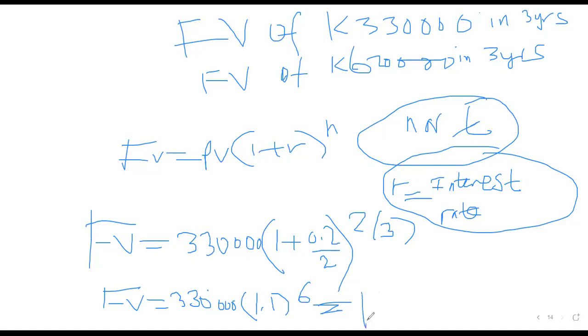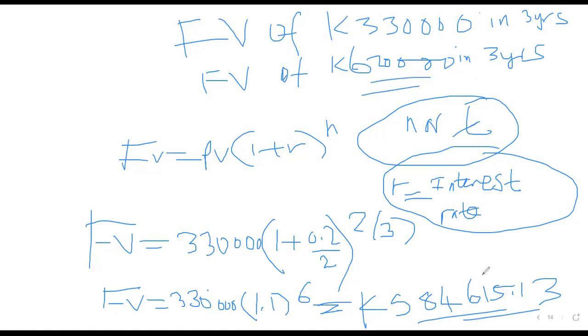We are getting what? 584,615.13 in 3 years' time. That's option 2. So it's better you get 620,000 in 3 years, which is higher than 584. Are we together?